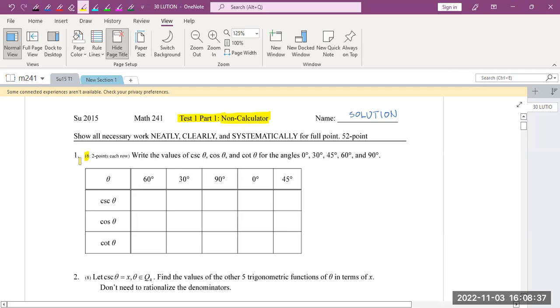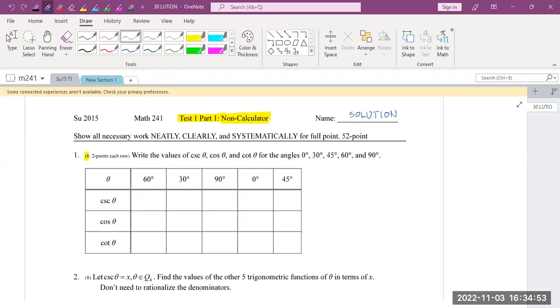So question number 1 is worth 6 points, so for number 1 we need to finish it in 6 minutes. That's how you study. Of course in the real test feel free to get a bit extra time, but what I'm trying to emphasize is that for number 1 the allocated time is approximately 6 minutes, right?